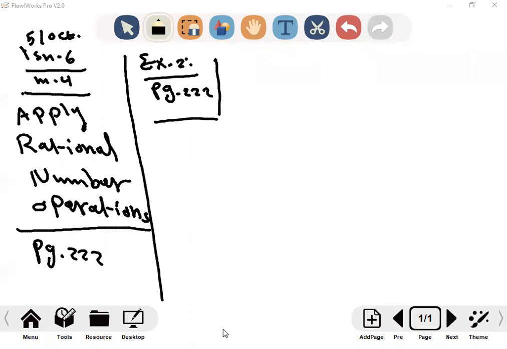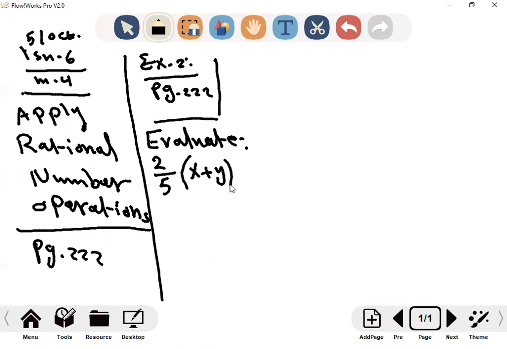Evaluate 2/5 times the bracket x plus y plus z, if x equals 7/8. Evaluate 2/5 multiplied by a bracket. Inside the bracket we have x plus y plus z.